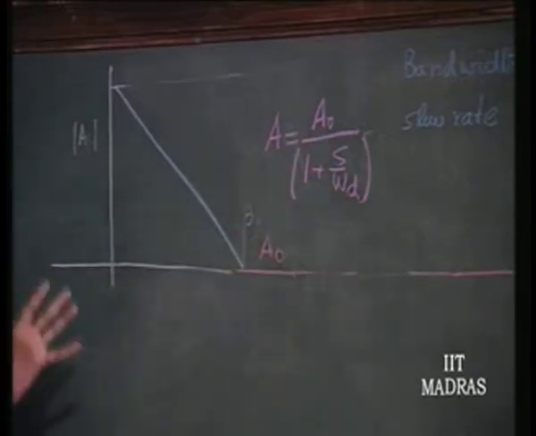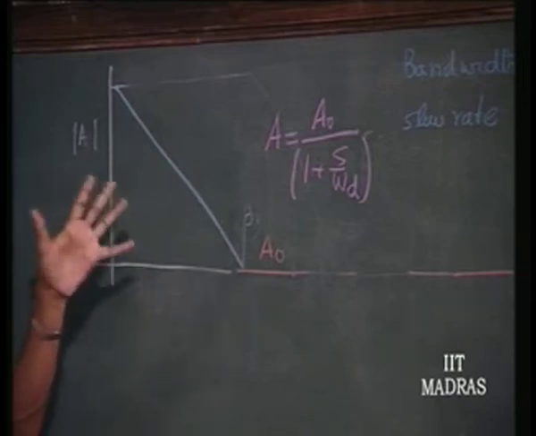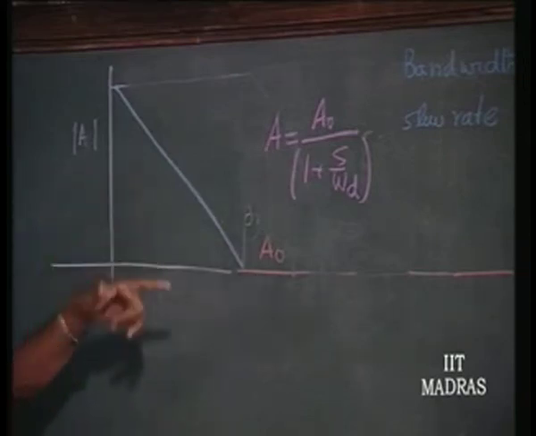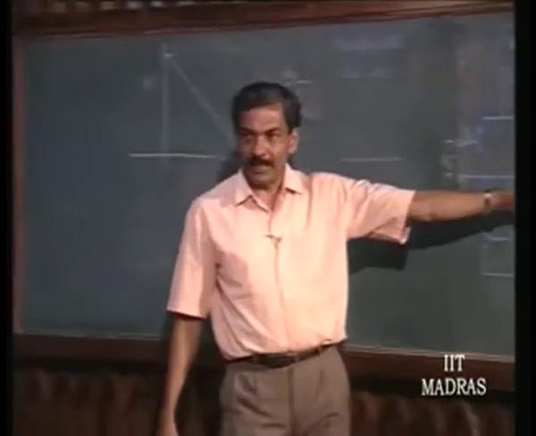That is called single pole roll off characteristic, dominant pole, which is created by the compensating capacitor.